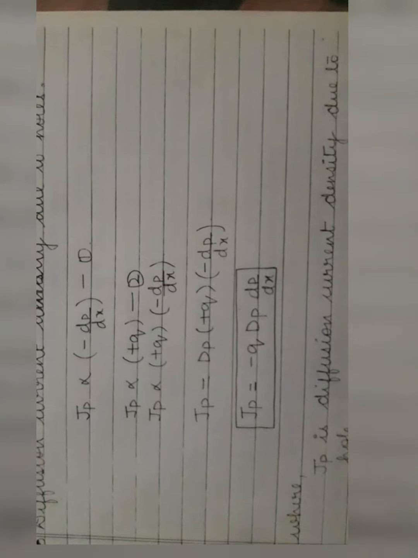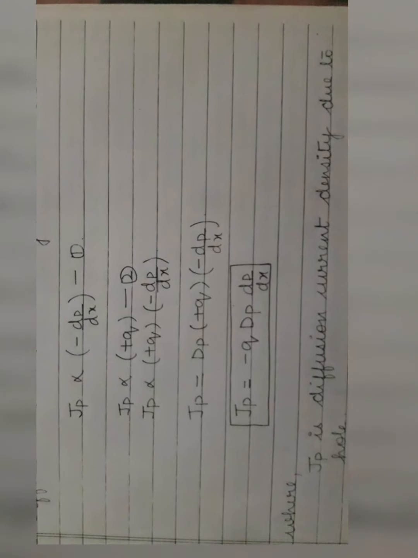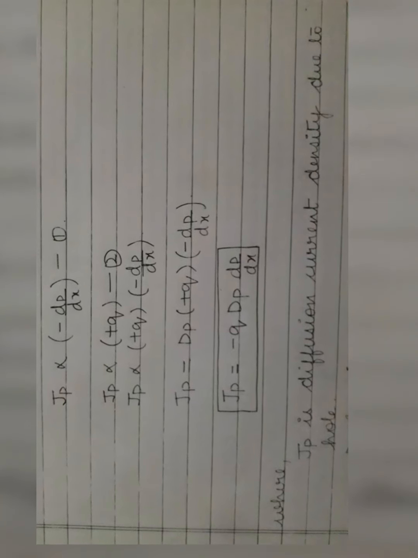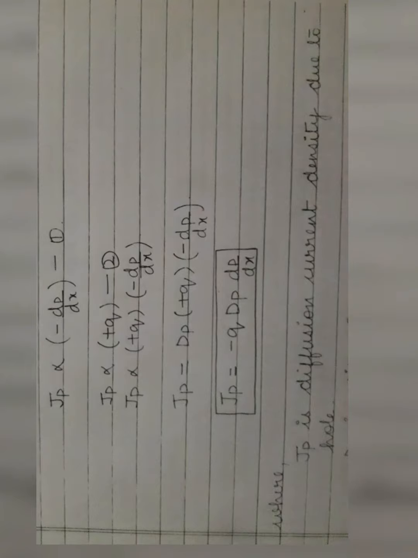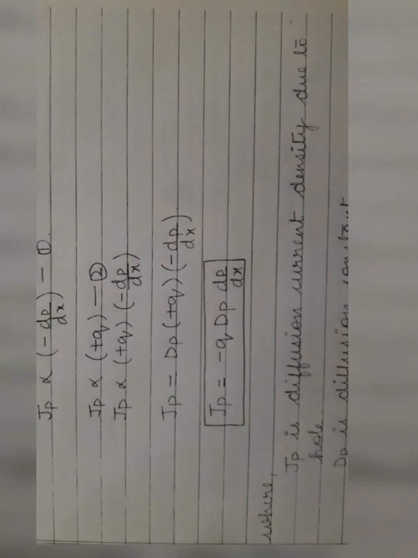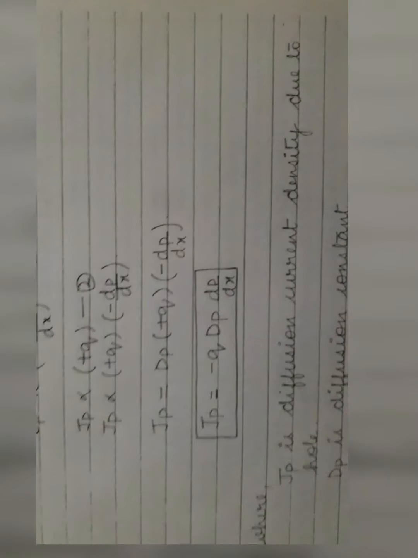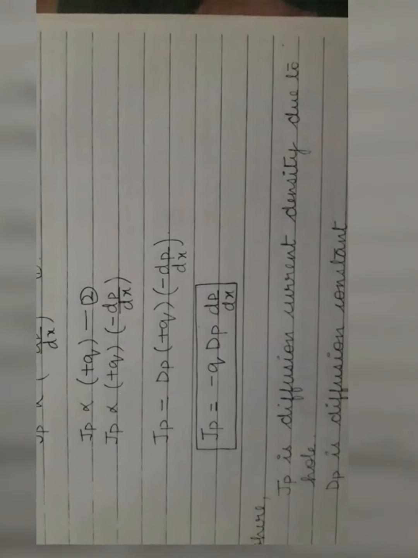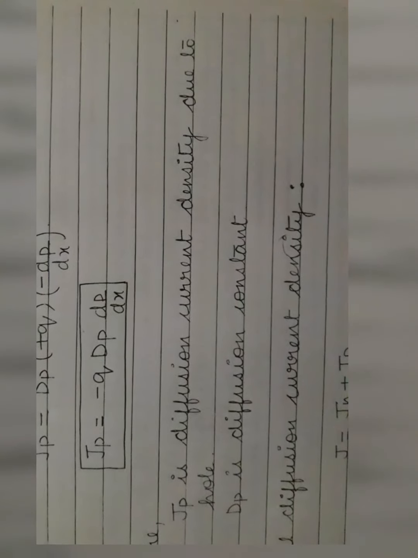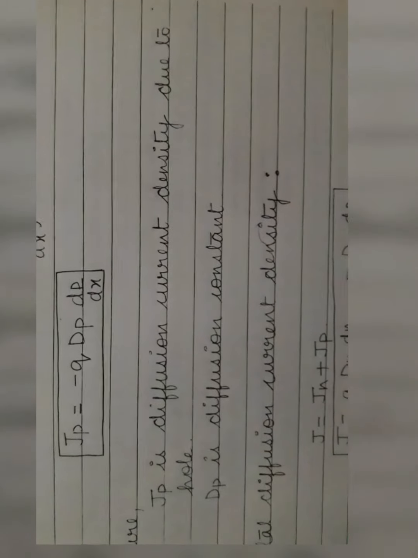Jp is directly proportional to plus q multiplied by minus dp by dx. Jp equals minus q Dp dp by dx. Jp is diffusion current density due to holes, and Dp is the diffusion constant.